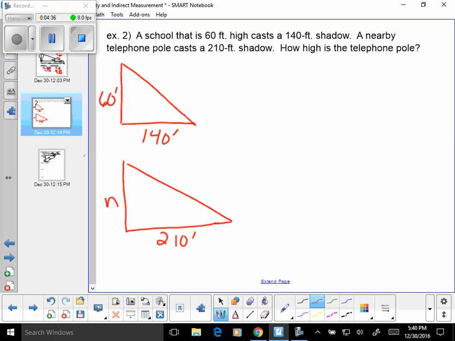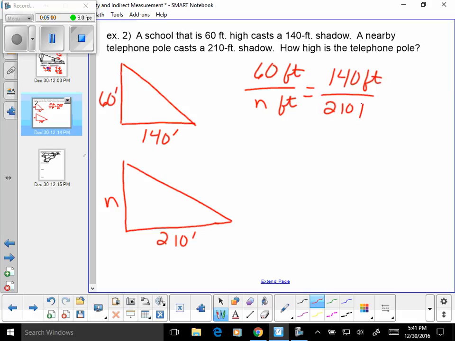Now again, we're going to set up that correspondence here, and I'm going to go school over the pole since that's what I've drawn. So I'm going to take the height 60 feet over n feet, and then 140 feet over 210.